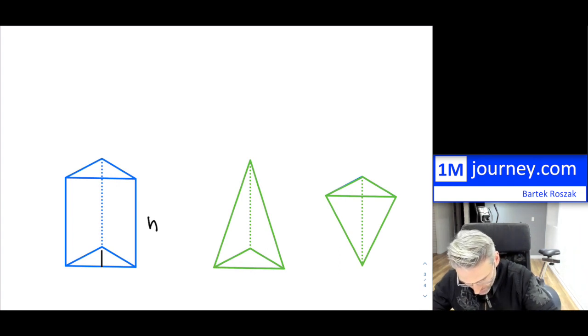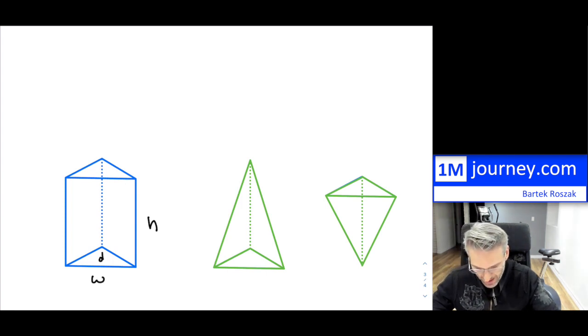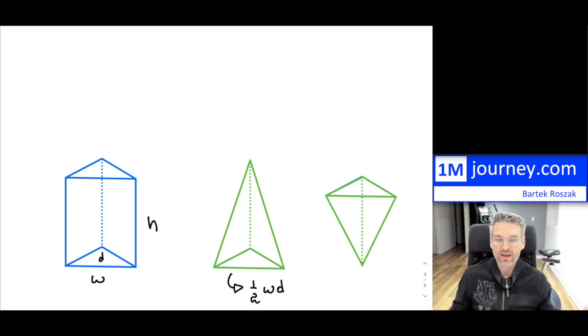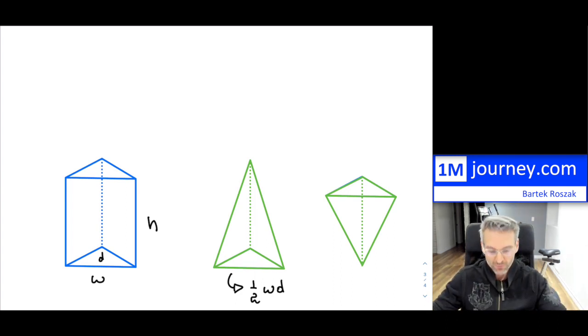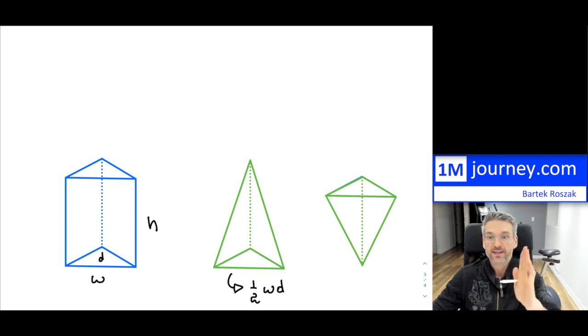I'm going to just remove this for the moment. I'm going to use this as my width, and this is going to be my depth in here. Now, what that tells me is, notice that the area of the triangle is going to be width times W there. We typically say base times height, but I'm in 3 dimensions and I don't want to use height multiple times. I just want to use the height as the height of the pyramid or of the prism.